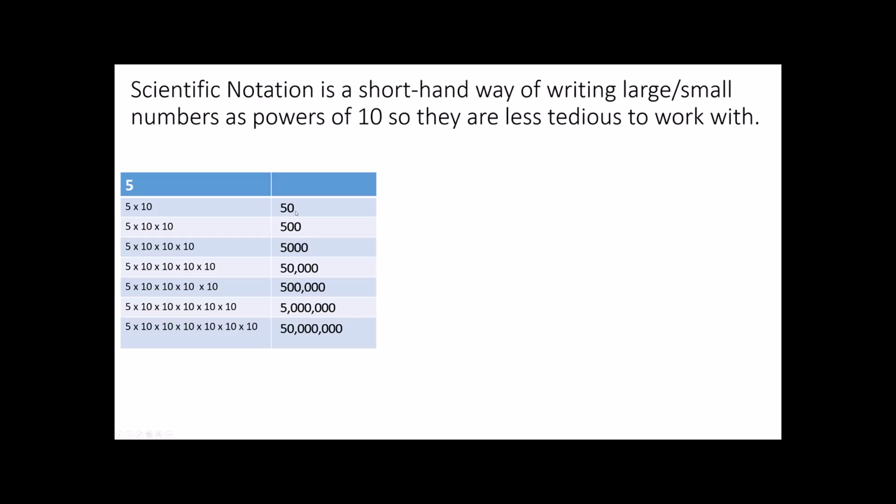In a 50, though, now, it's further away from the 5. Further away, further away, further away. So that by the time I get to 50 million, the 5 is located over here, but the decimal is way over here. Multiplying a number by 10 causes the decimal to move one space further to the right or one space further away from that number, making the number 10 times as large. Every time you multiply by 10, the value of the number is 10 times as large.